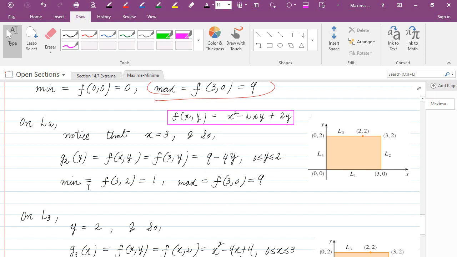So the minimum is f of (3, 2), so when y is 2 you get 1, and the maximum would be f of (3, 0), which is 9. So when y is 0 you get 9. So that's the maximum. So on L2 the maximum occurs at (3, 0). On L1 the maximum occurs at (3, 0) as well.